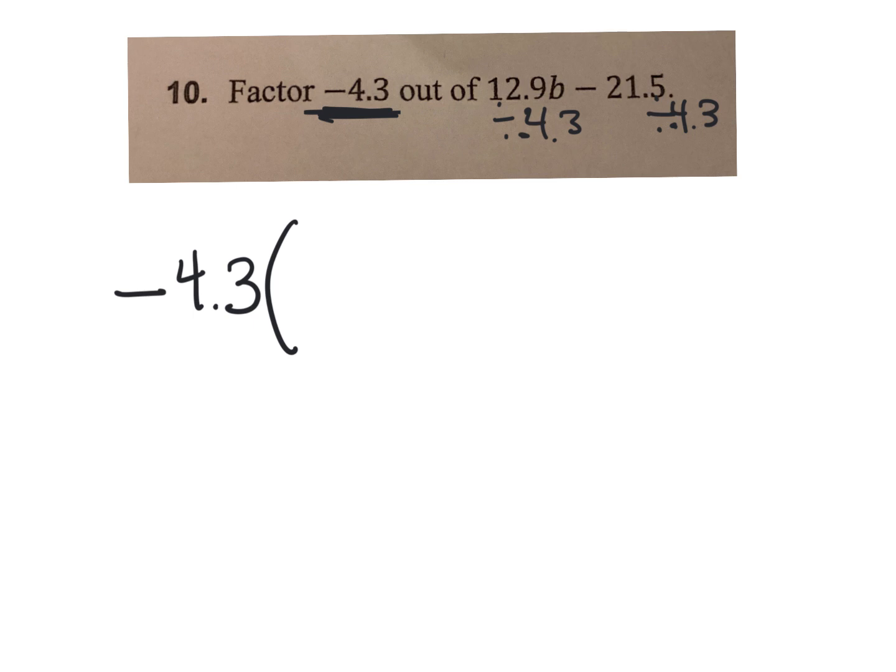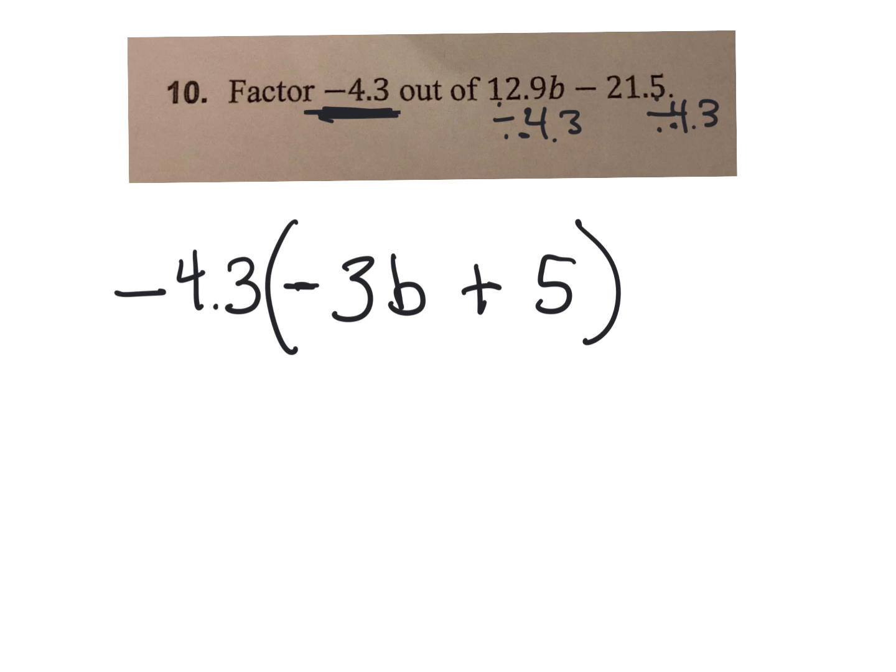So a positive divided by a negative, 12.9 divided by 4.3 equals 3. But it was a positive divided by a negative, so it's going to be a negative, and it's a b. And then a negative divided by a negative is a positive. So 21.5 divided by 4.3 equals 5.